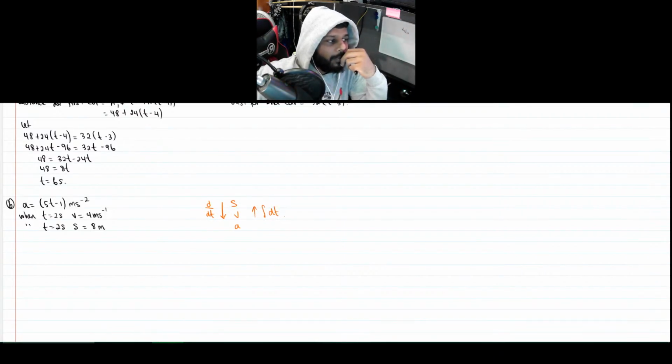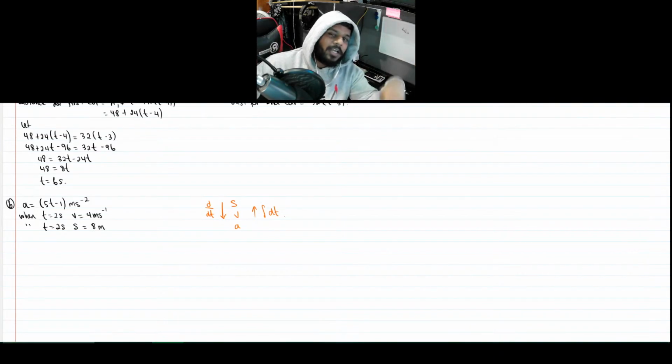If I have S and I want velocity, I must differentiate S. If I have velocity and I want acceleration, I must differentiate velocity. If I have acceleration and I want velocity, I must integrate acceleration, and so on.